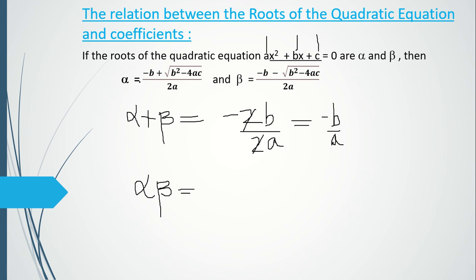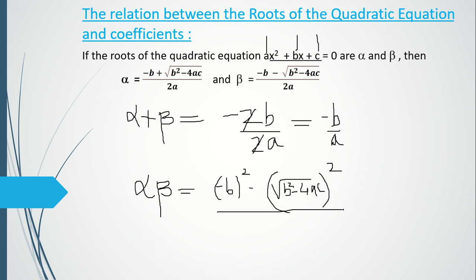So when you multiply these two, this is what? a plus b, a minus b. So we use the formula a plus b, a minus b, and what do we get? a square minus b square. Minus b square, root b square minus 4ac, the bracket square.